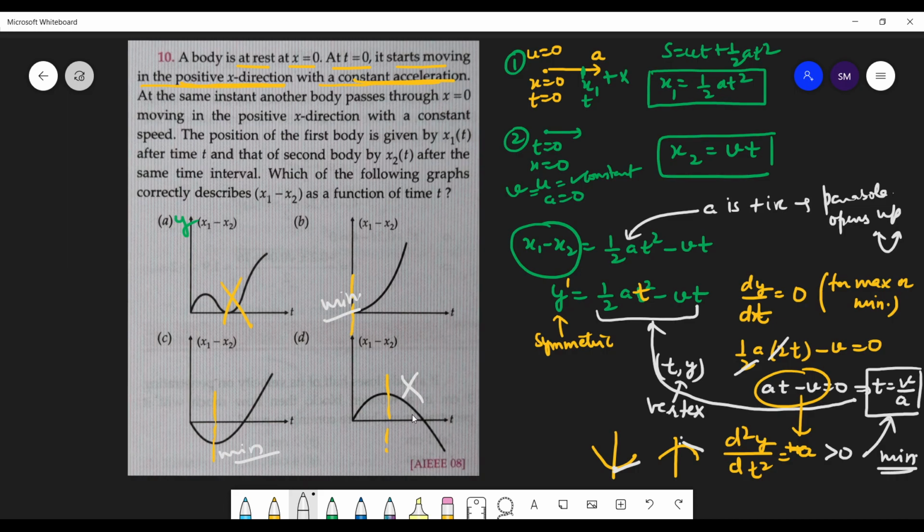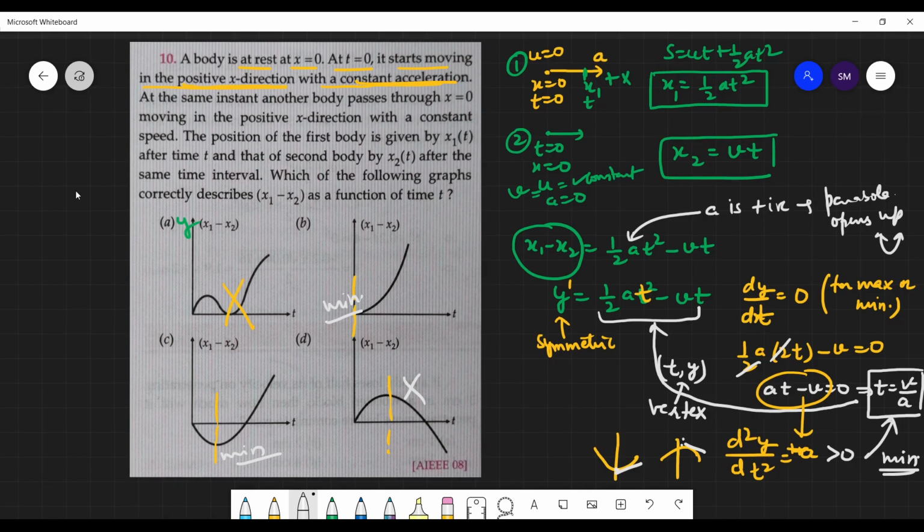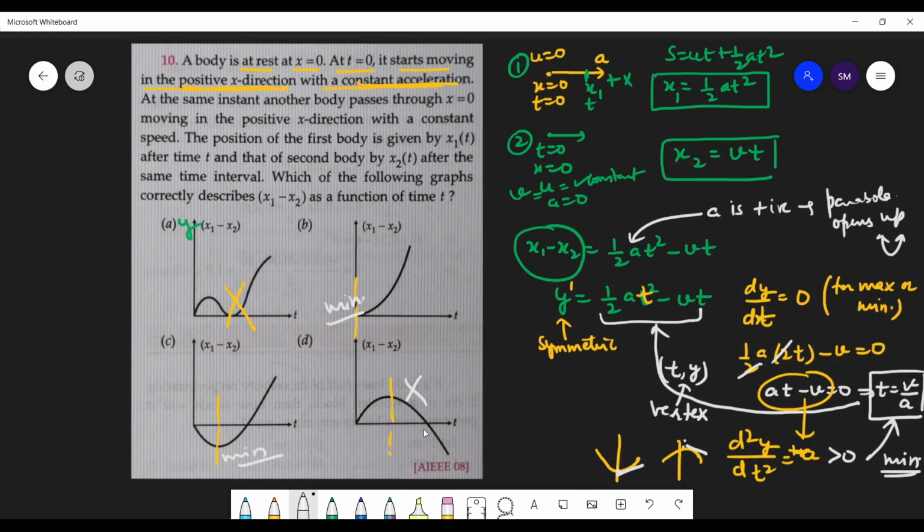Now let us find it further. So you have got this point as t is equal to v by a. Yes. So minima is at v by a. So is this point v by a?